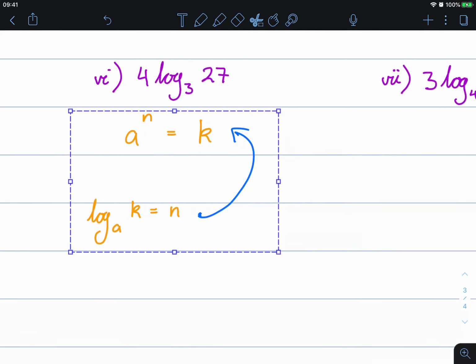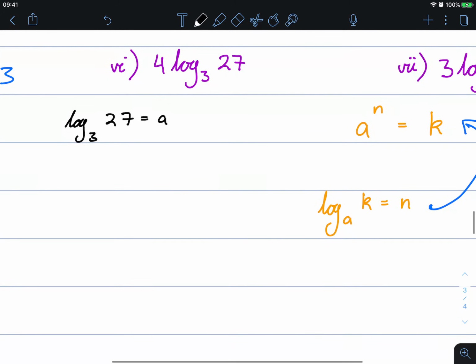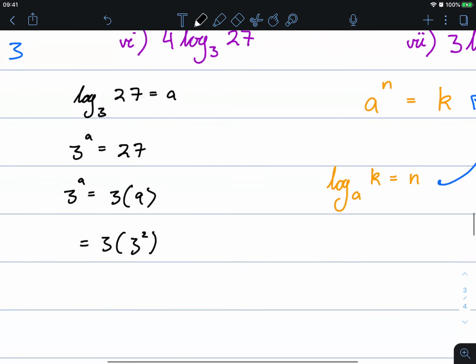Same case for this one. We only let this portion, so this will become log base 3 of 27 is equal to a, or whatever letter we want. This becomes 3 to the power of a is equal to 27. 3 to the power of a is equal to 3 times 9. 3 times 3 squared, which equals 3 cubed.